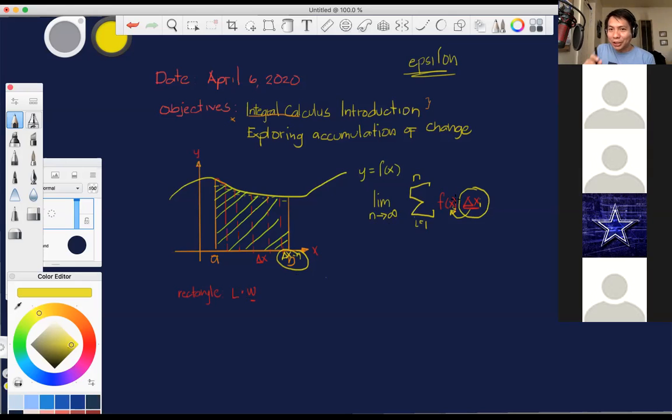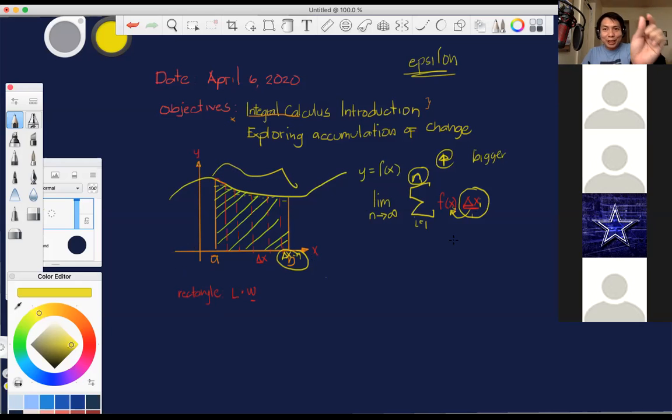What causes that is, as this one gets smaller, the value of your n gets bigger. Why? Because you divide this total length into smaller strips. So your n gets bigger, and n is essentially the amount of strips that we have.